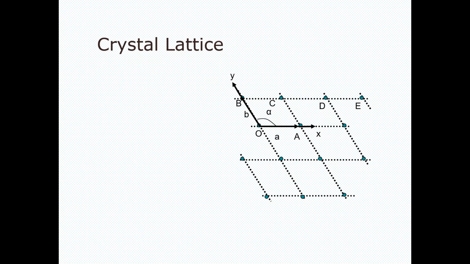Here you can take the example of this crystal lattice. In simple words, a crystal lattice is an infinite array of points in space. Here you can see these are the points: this is the origin, this is a point A, this is a point B, and here you can see point C, point D, point E, and so on.